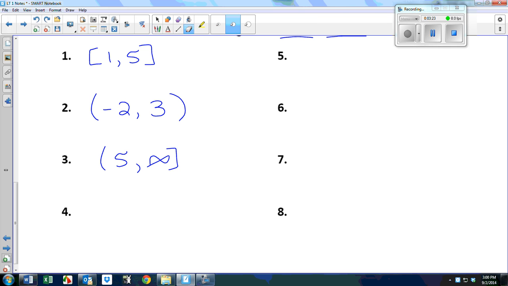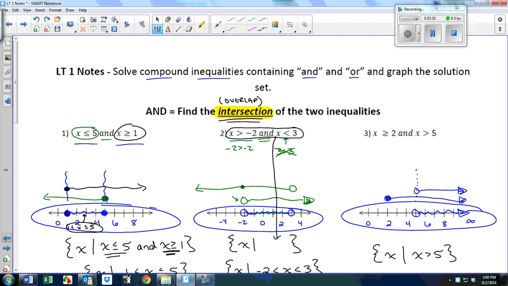Well, the nature of infinity is that it goes on forever, so you can never include infinity. So anytime you have an infinity, it's going to have parentheses beside it, not included, because of the nature of infinity.